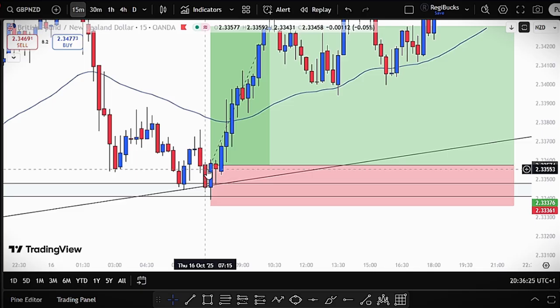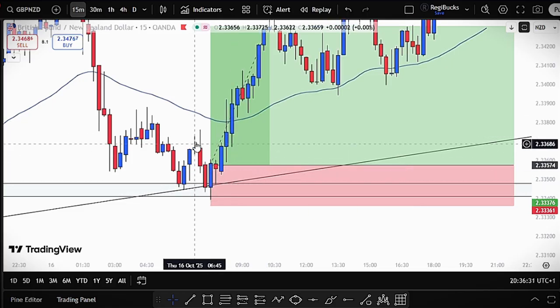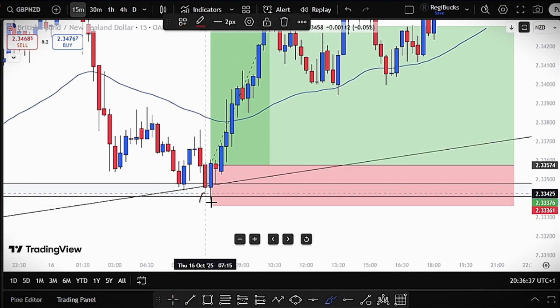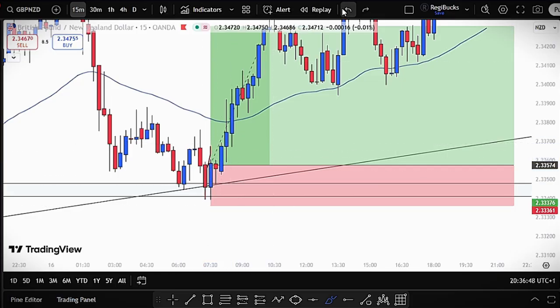This is the main reason why you should take this trade. Once you see this bullish engulfing, if price was still at this point, I won't be taking the trade. You wait for your bullish engulfing, no matter how strong it is. Wait for that bullish engulfing, and then you take the trade.